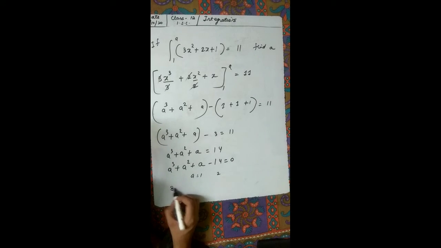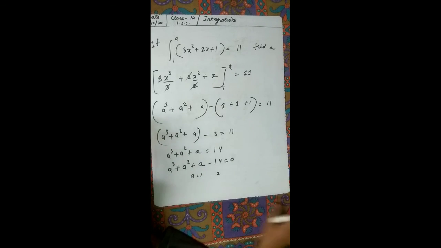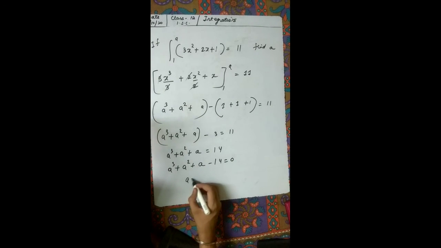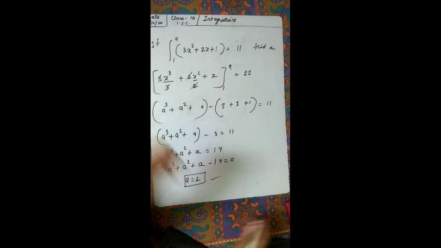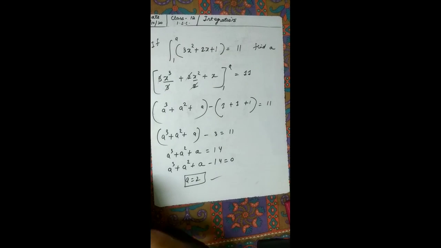So 2 cube is what? 8. Plus 4, plus 2, minus 14, this is what? 12 plus 2 is 14, minus 14. Yes, so for a equal to 2, the value is coming 0, so your a will be equal to 2. Okay, so this is the final. So like that you do this exercise. I hope you will do it, because that is very easy.